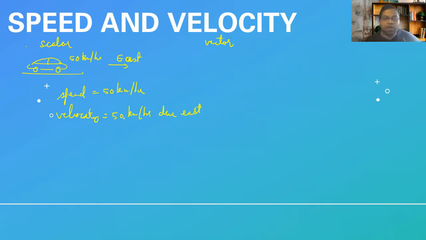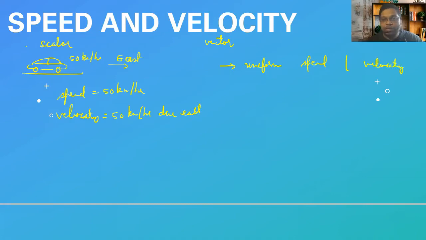That means in one case you have only the magnitude, in the other case you have magnitude as well as direction. So speed is a scalar quantity and velocity is a vector quantity. Now these points are further classified as uniform speed and uniform velocity.